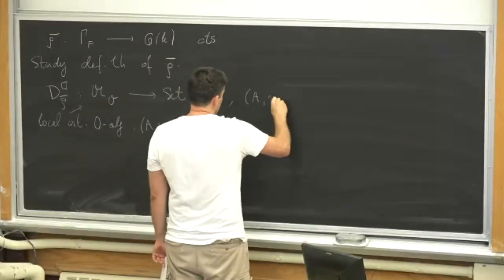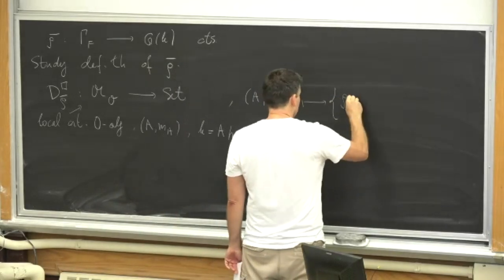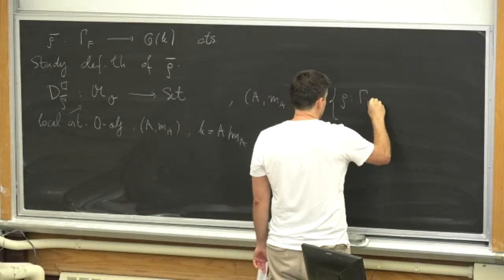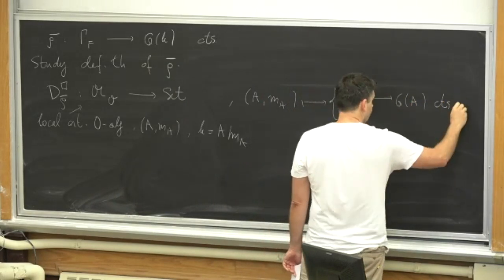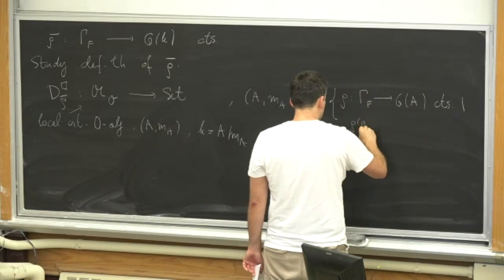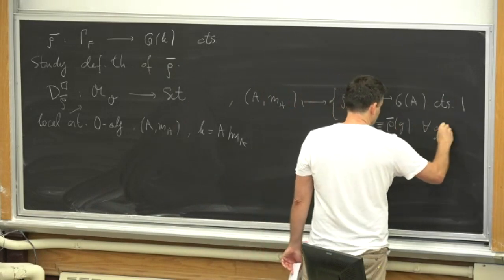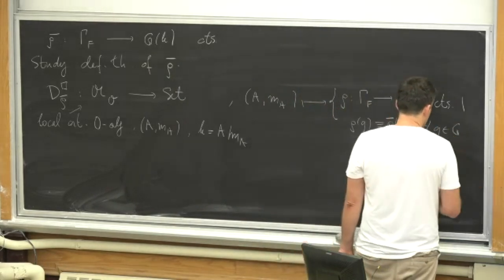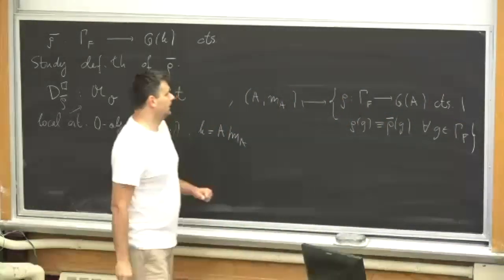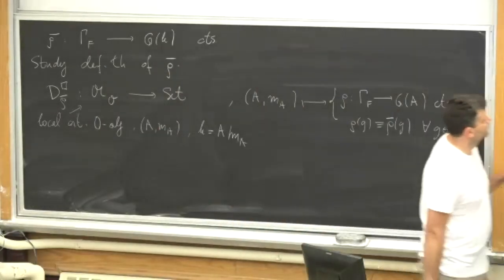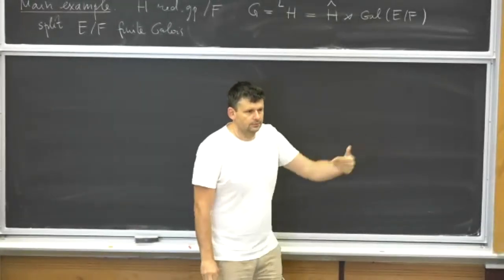This functor is defined as sending such a ring A to the set of continuous rho from Gamma F to G of A such that rho of gamma is congruent to rho bar of gamma for all gamma. So if your G was GL_n, this would be just a congruence condition on a matrix entry, right?